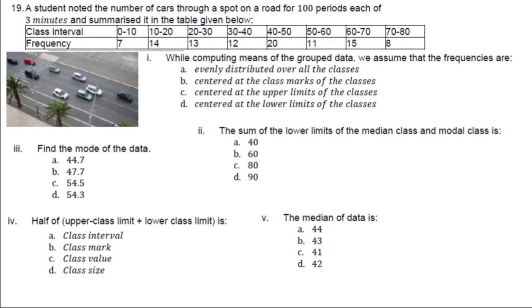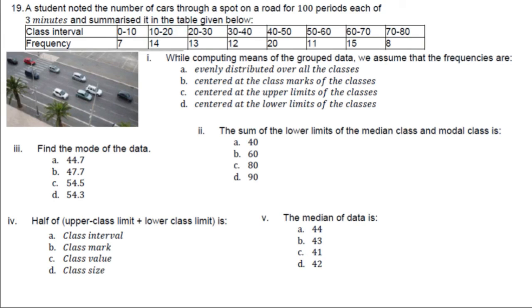Question number 19. A student noted the number of cars through a spot on a road for 100 periods, each of 3 minutes, and summarized it in the table given below. The class intervals and the frequencies are given.